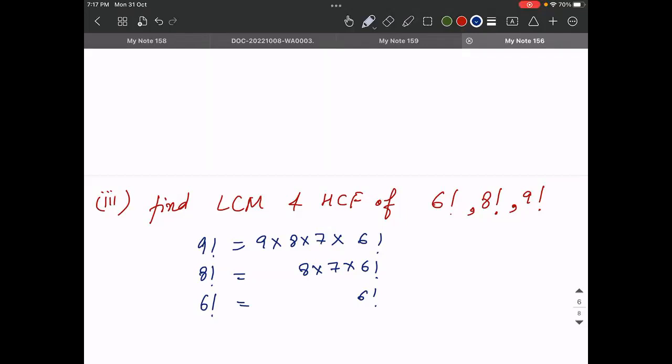Factor means multiple. No. Then why is it called LCM? Least common multiple. Okay. Yeah, do it now.